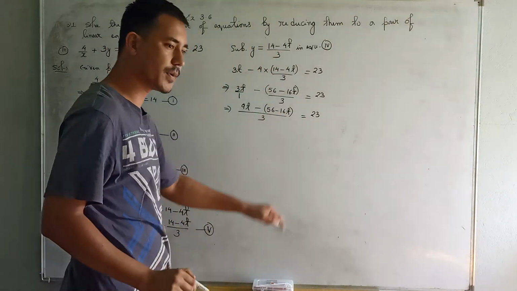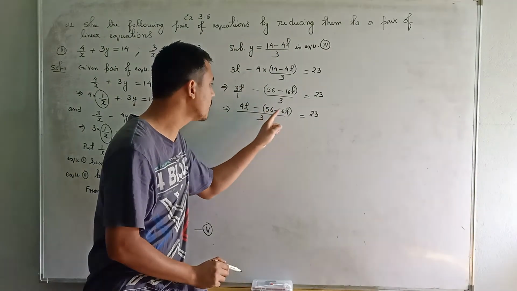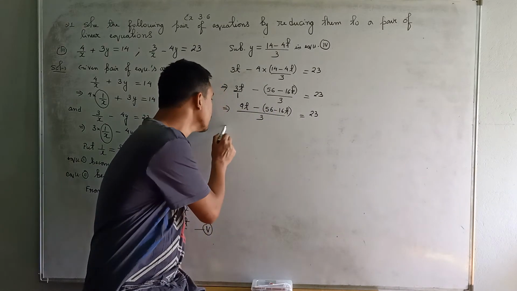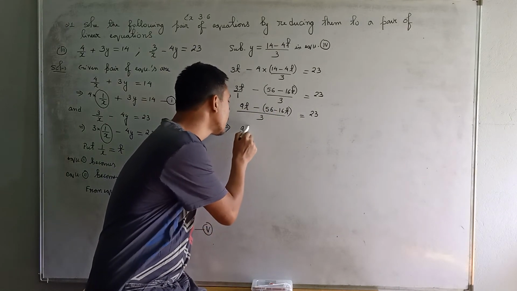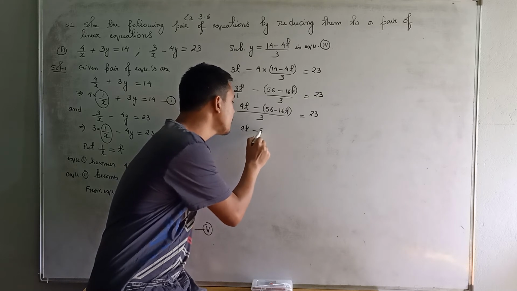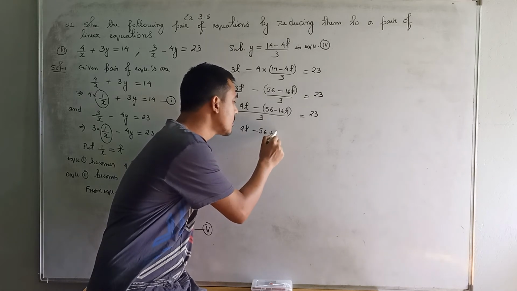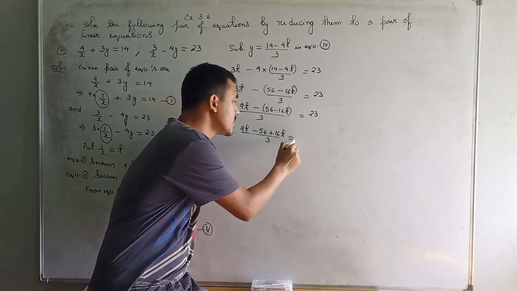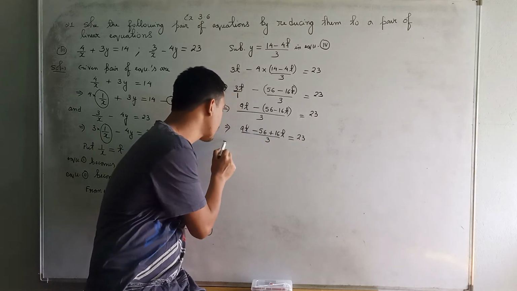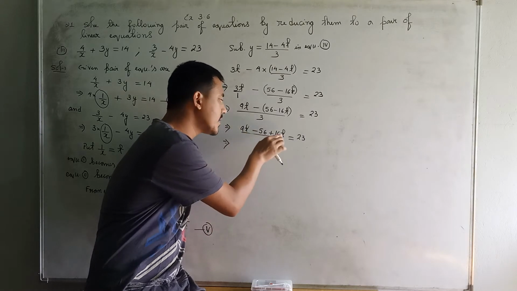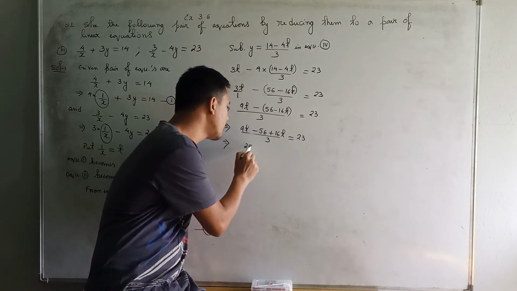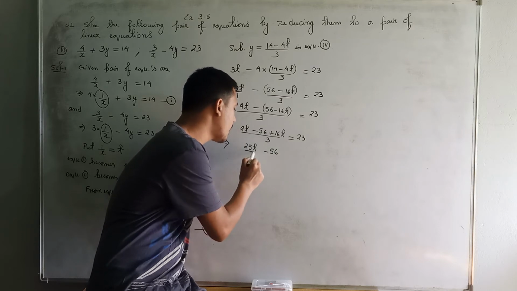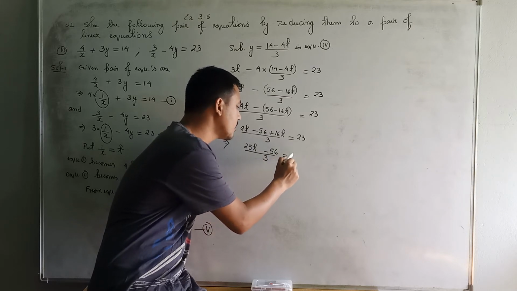Now let's remove this bracket. In order to remove this bracket, I have to multiply both of the terms by this negative sign. So 90 minus 56, minus minus plus 16t upon 3, is equal to 23. 90 plus 16t, 25t minus 56 upon 3 is equal to 23.